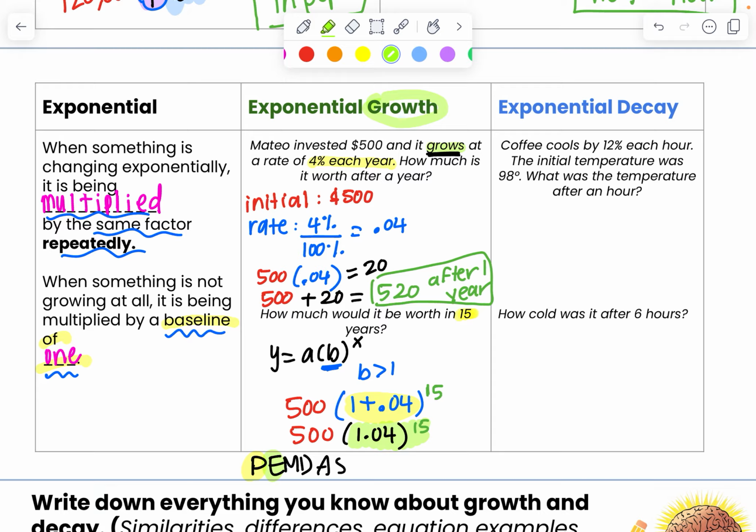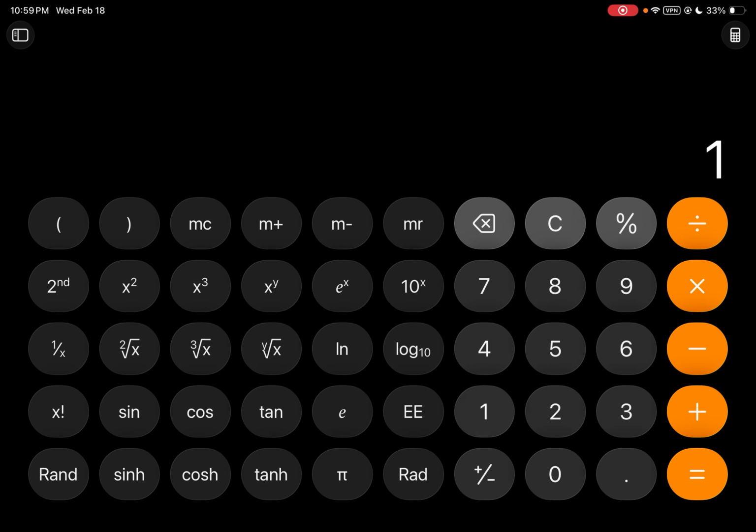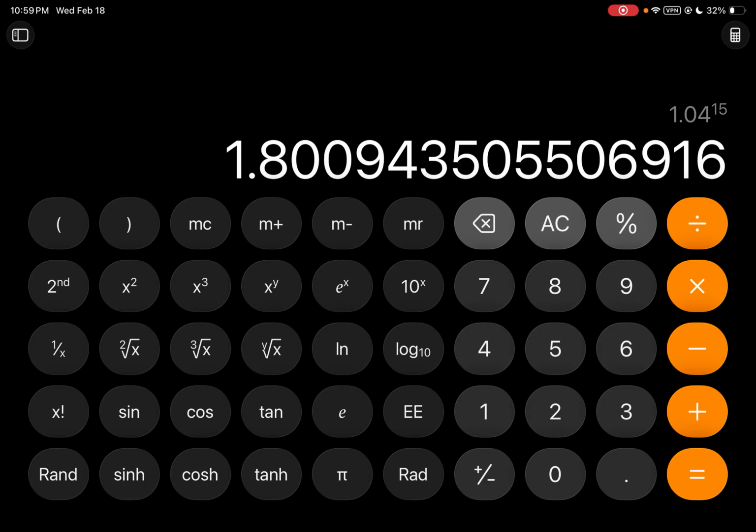In your calculator, if you're going to do 1.04 raised to the 15th power, that is going to be a crazy decimal. It's like 1.80094350551, right? 1.04 to the 15th. If I was going to do that here, 1.04 raised to the 15th power, it's a really big decimal.